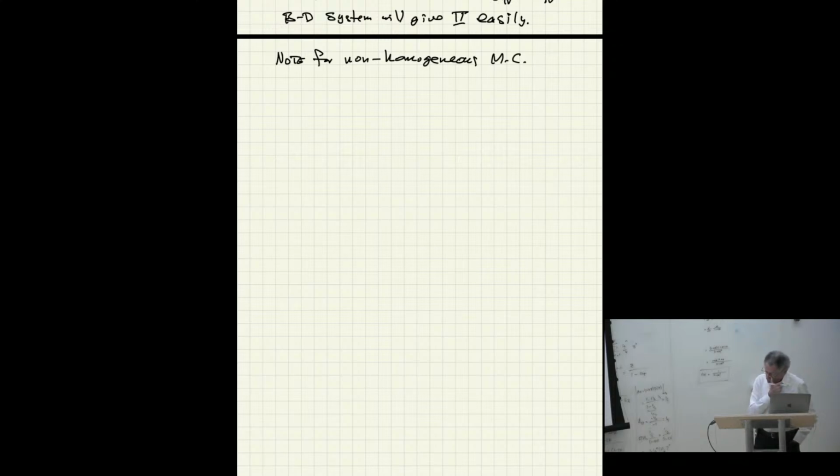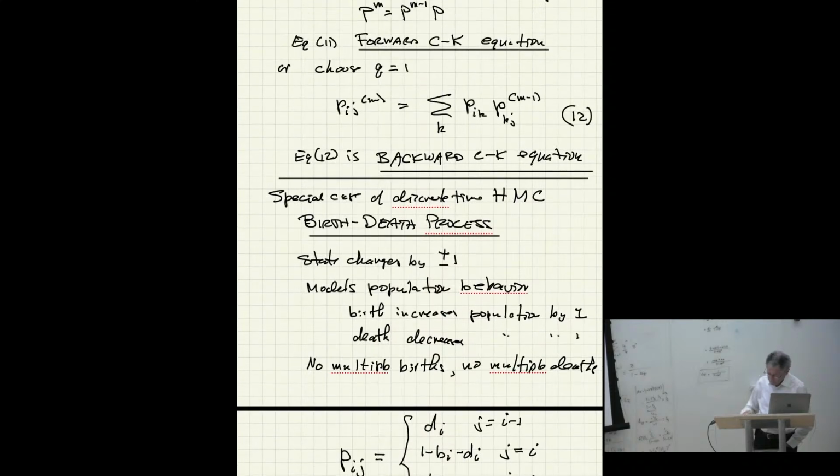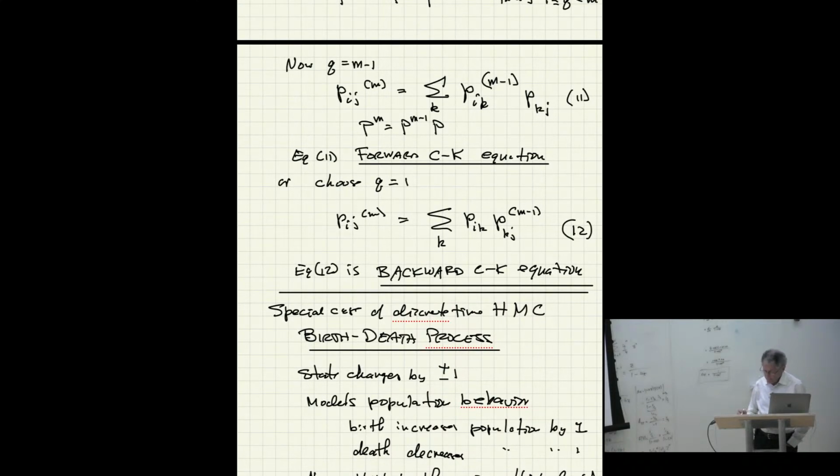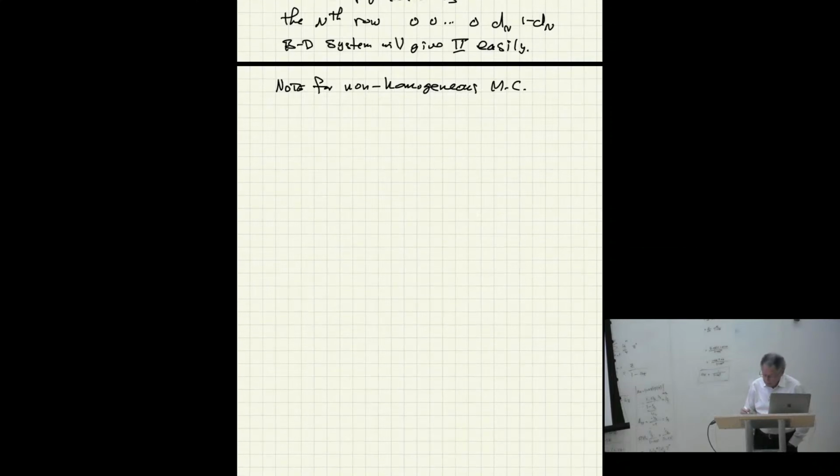Now, instead of taking the m-step transition probabilities and assuming that they don't depend upon the time, as I set up here in equation 11, which said these probabilities don't depend upon time, we're going to let Pij of m and n, going from state m to state n, be defined as the probability that you're in state j at time n, given you're in state i at time m.